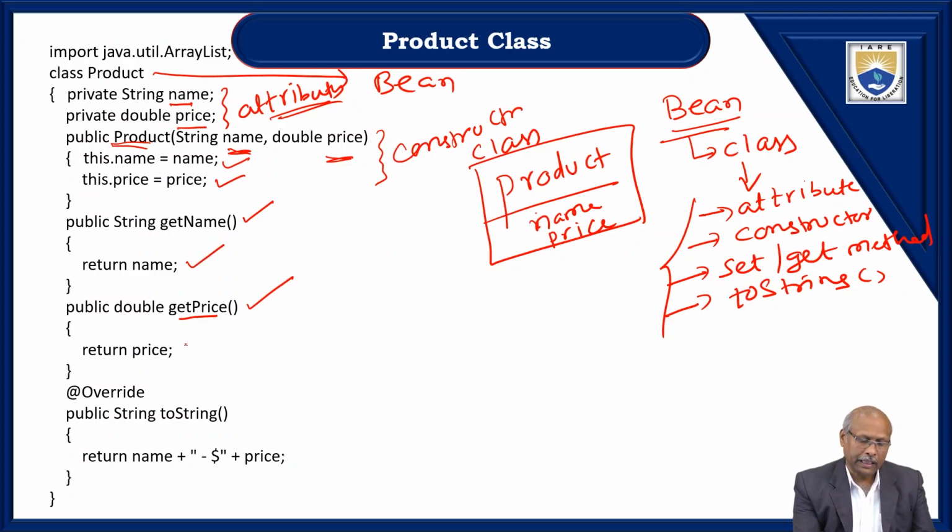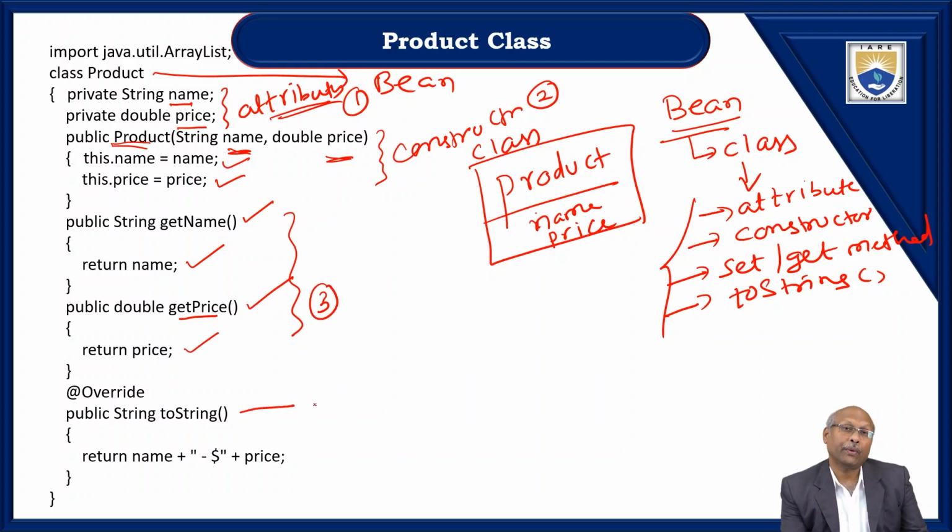Similarly, when I call getPrice, I will get the price of the product. So this is my third requirement. This is attribute, this is constructor, this is setter and getter. And the fourth one, whenever I want to print the bean or print the object, I will rely completely on the toString method, because I want to print the object in string format.